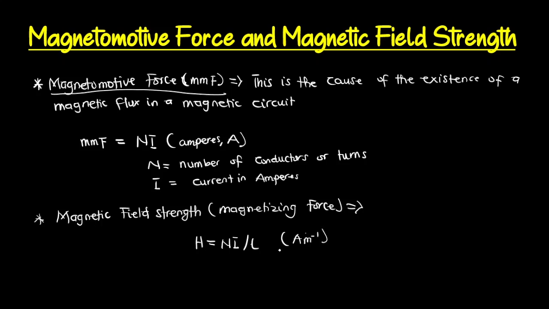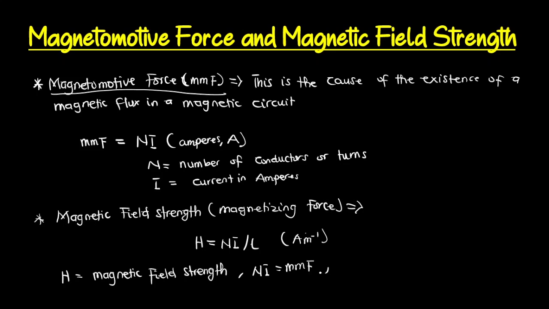Now let's explain the terminologies over here. The H is the magnetic field strength, that is the symbol for magnetic field strength. And then the Ni, already we've seen it. The N is the number of turns, the I is the current, or basically the Ni over here is the magnetomotive force.